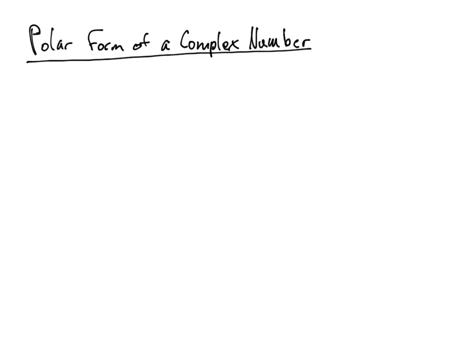Now we want to be able to write the polar form of a complex number. Typically when we have written complex numbers before, we wrote them in the form a plus bi. We're going to call this rectangular form.